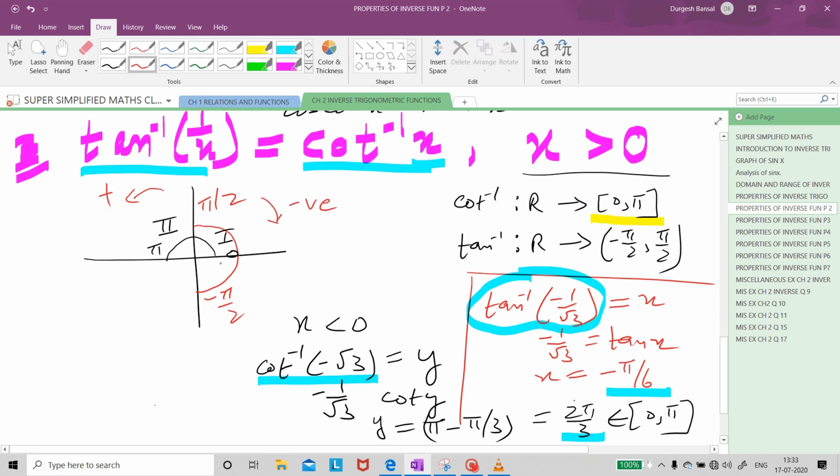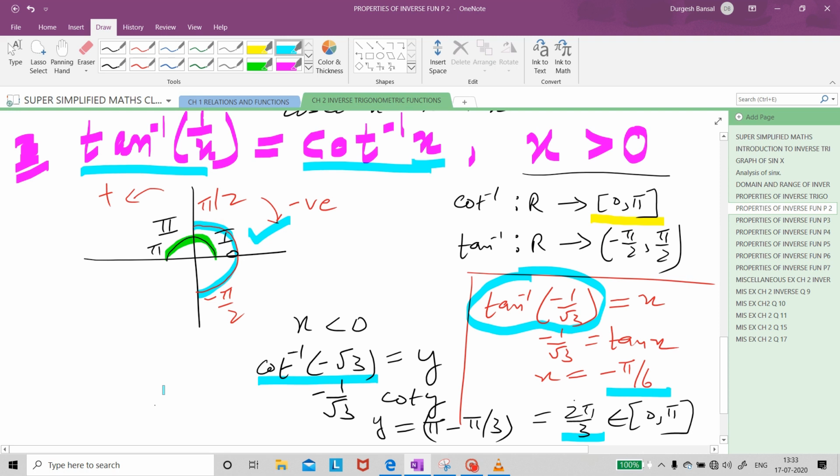You can see this in black color. This is the domain of, let me show you in green, this is the range of cot inverse function, and this is the range of tan inverse function, and these two match in the first quadrant. That means for positive angles.